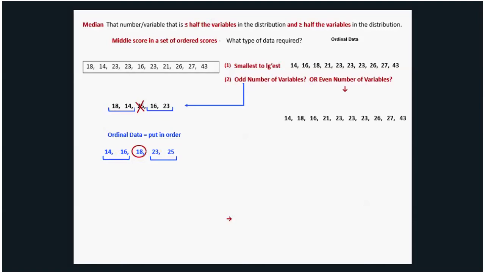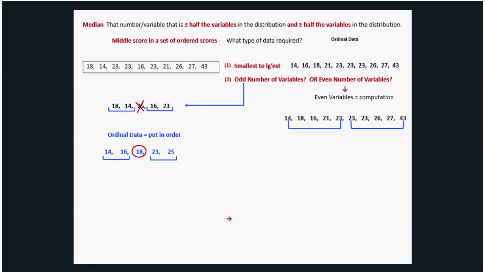Okay, so now let's talk about the even numbers. With even variables in your distribution, there's going to be some computation involved. So if we take, say, this distribution here, first we count 1, 2, 3, 4, 5, 6, 7, 8, 9, 10, and we know, okay, it's 10, so I'm going to have to add and divide. There's 5 on one side and 5 on the other side.